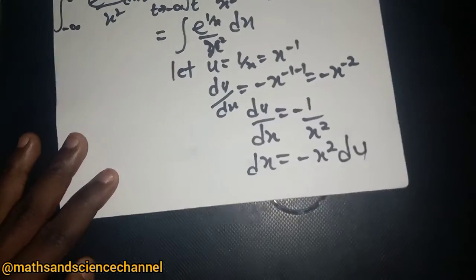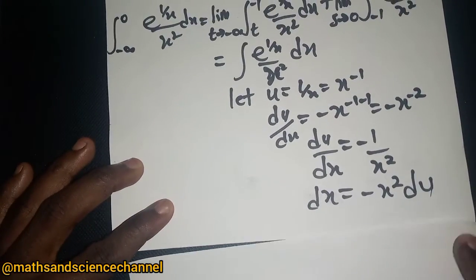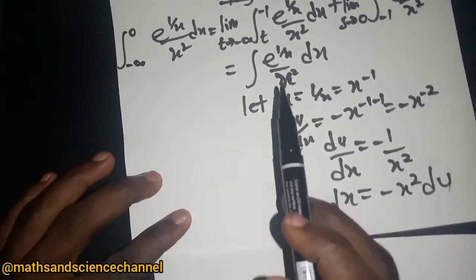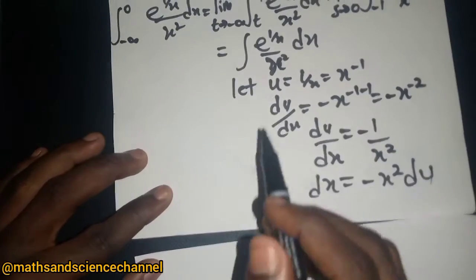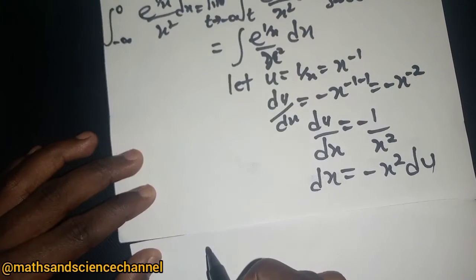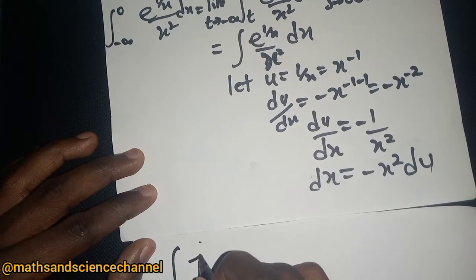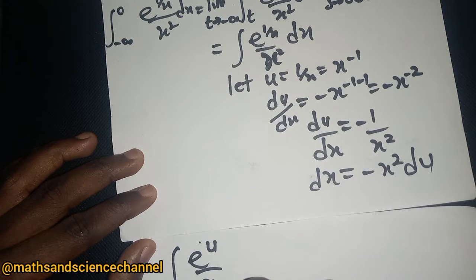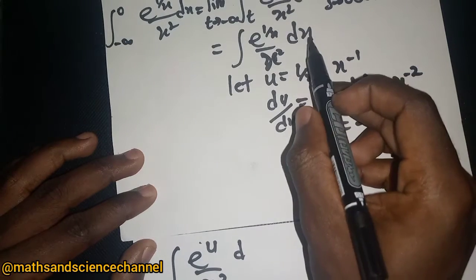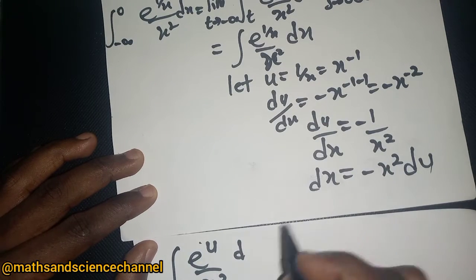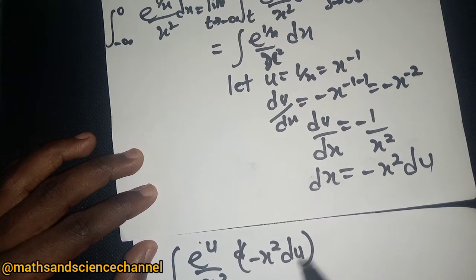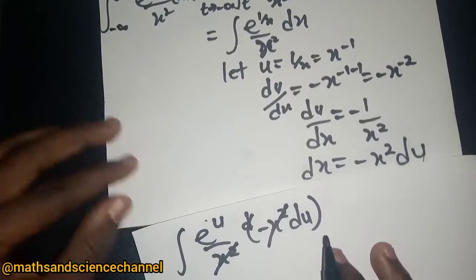So let's put that into the general integral. We have the integral with respect to u, and the negative x squared cancels the x squared in the denominator.